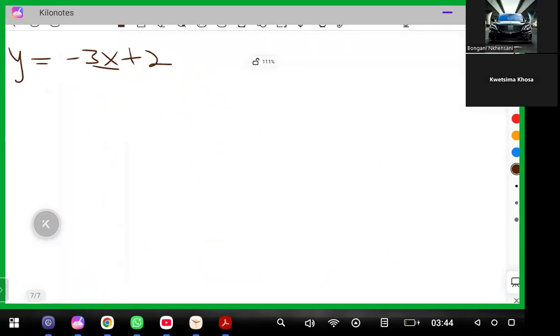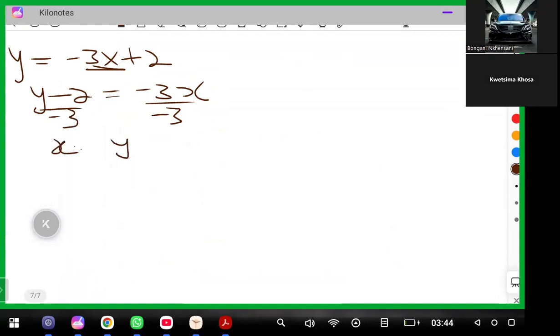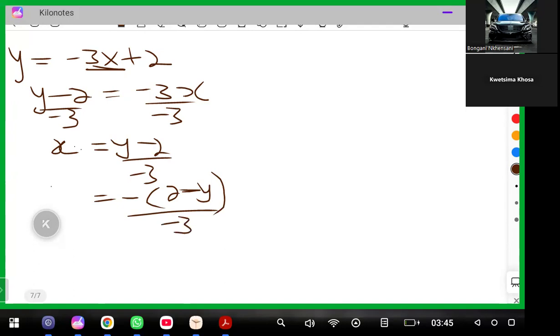Then what we're going to do is make x the subject of the formula. We'll have negative 3x equal to y minus 2, so x equals (y minus 2) over negative 3. We can write this as negative (2 minus y) over negative 3.